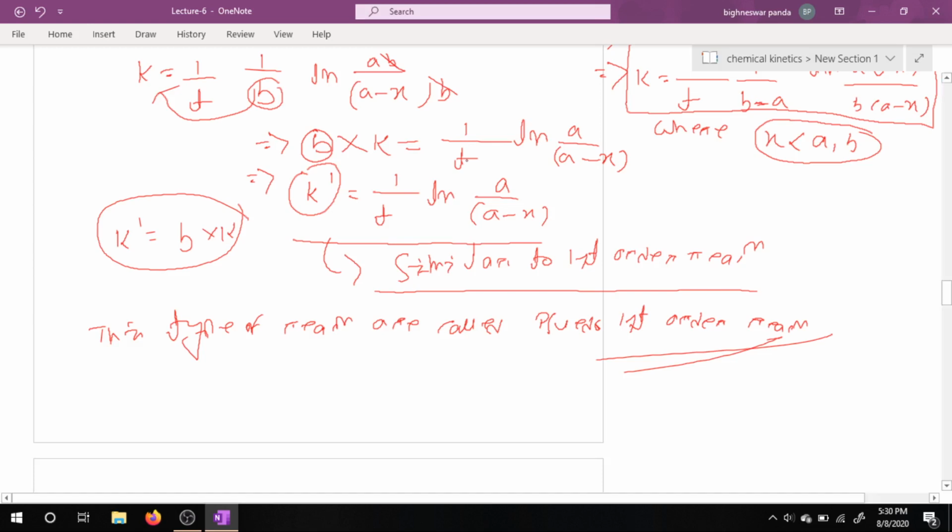Here remember one thing: what is the difference between K and K dash? K is the rate constant for second order reaction, but K dash is the rate constant for first order.